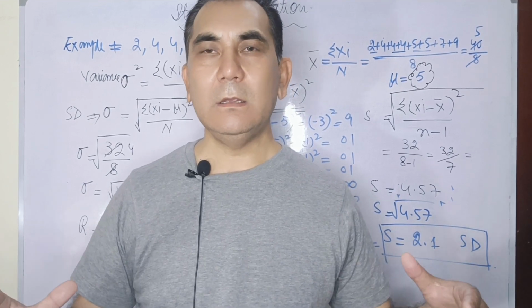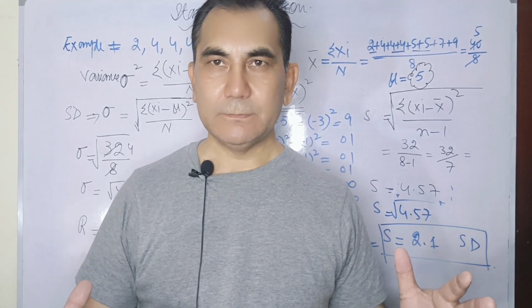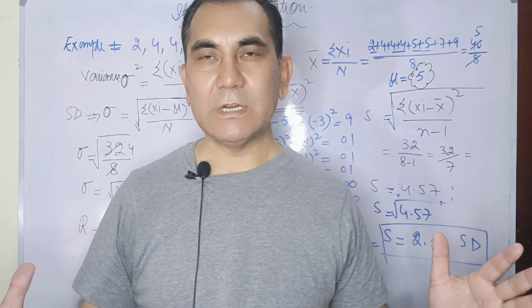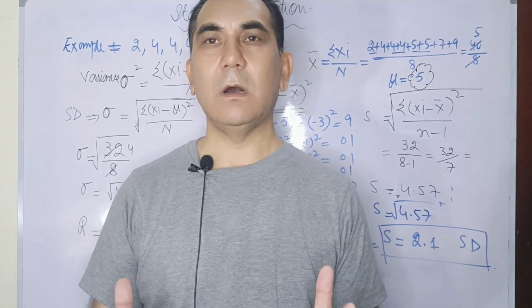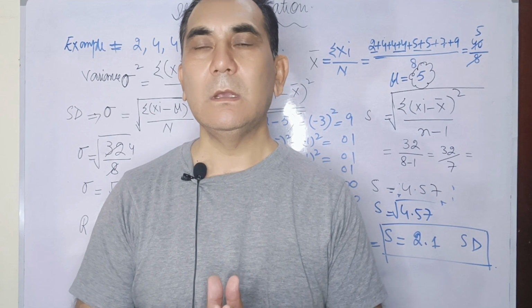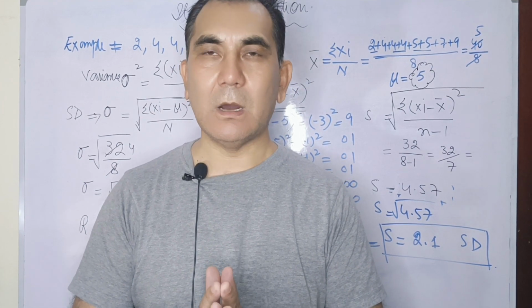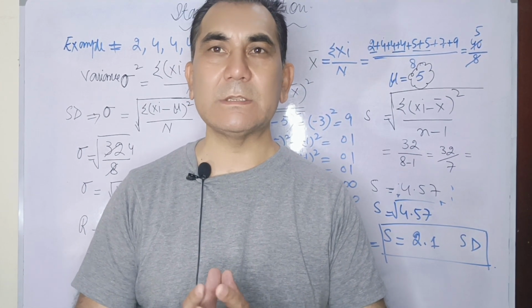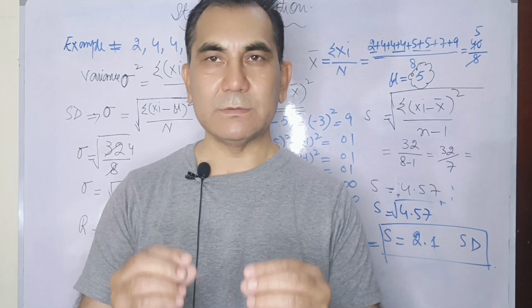If the values of a data set are near the mean, it means the dispersion or variability in that data set is very minimum or very less.